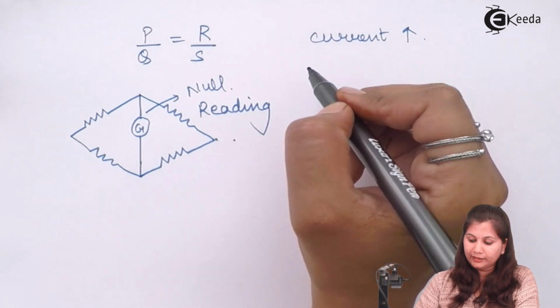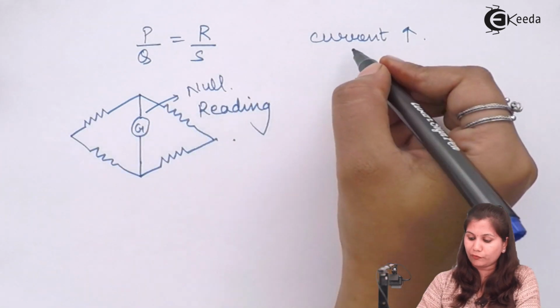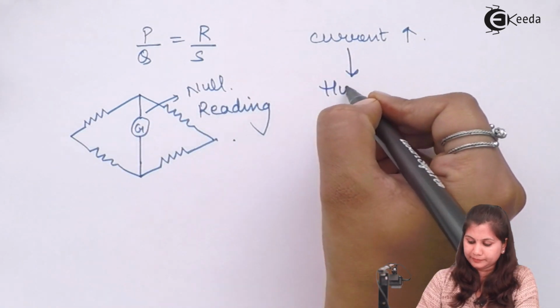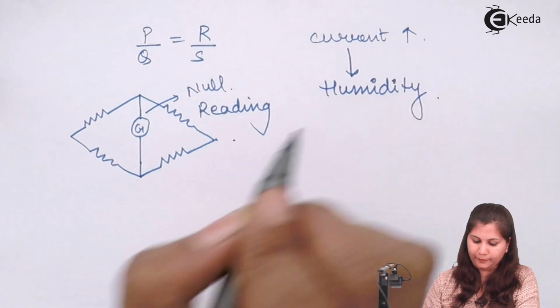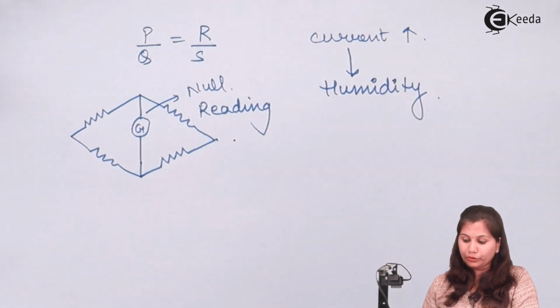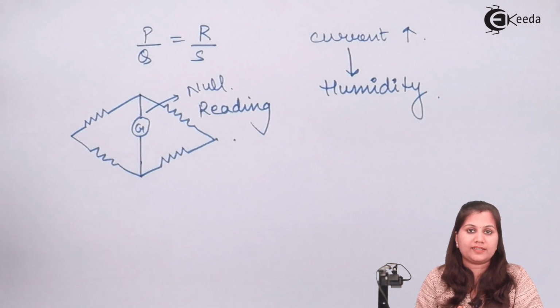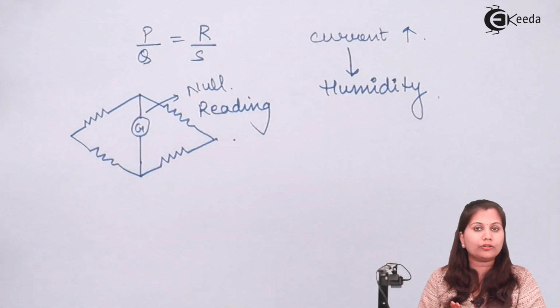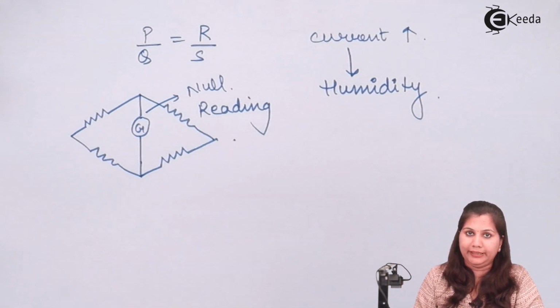This current can be measured to give us the readings for the humidity. So humidity is causing changes in the resistance, resistance is causing changes in the current or the voltage, and these measurements are a measure of the humidity of the material.